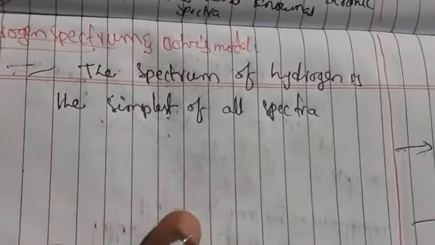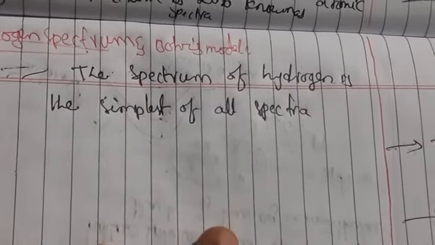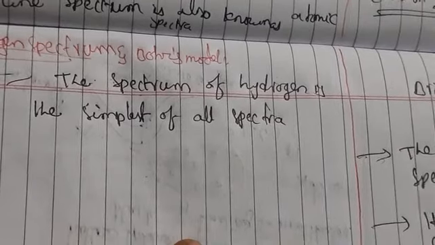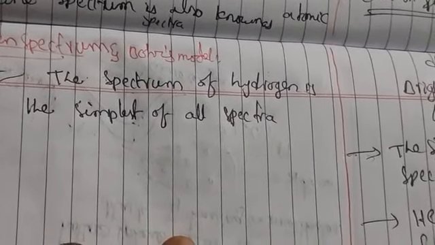Next, we have different types of line series: the Balmer series, Lyman series, and also Paschen, Pfund, and Brackett series, which show different light.